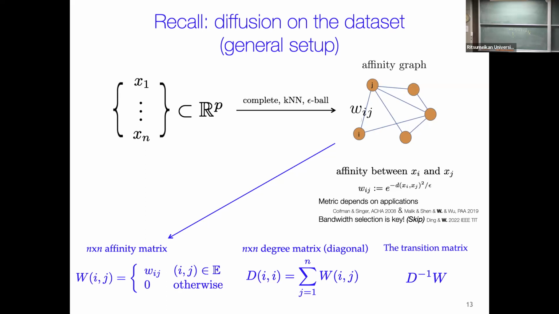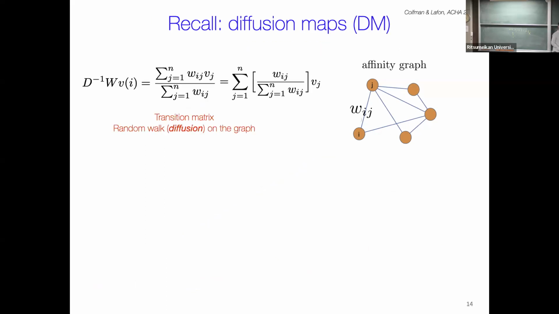And once you have this transition matrix, what is diffusion? Then it becomes very trivial, right? You have D inverse W. If you apply it to v and evaluate the ith component, you see it is a random process. And from this you can simply apply eigendecomposition.